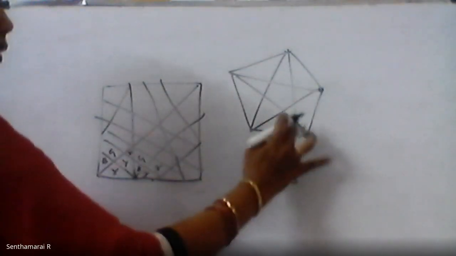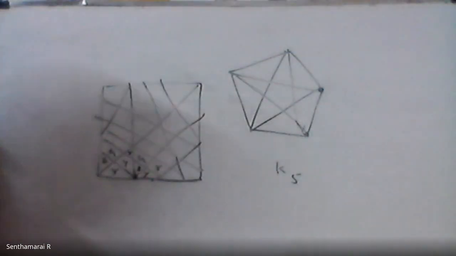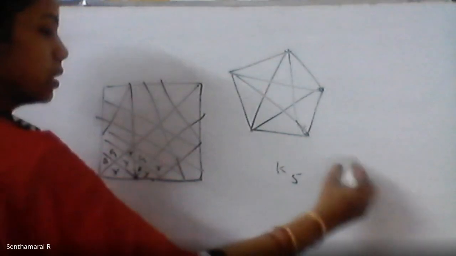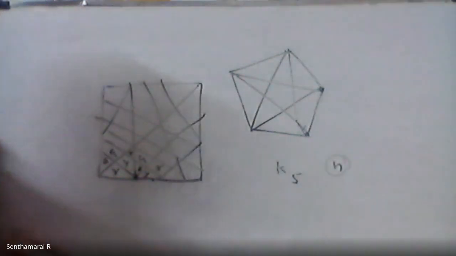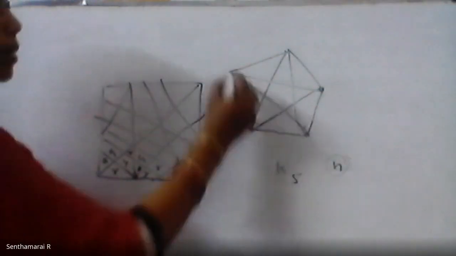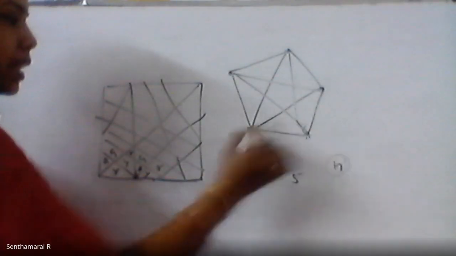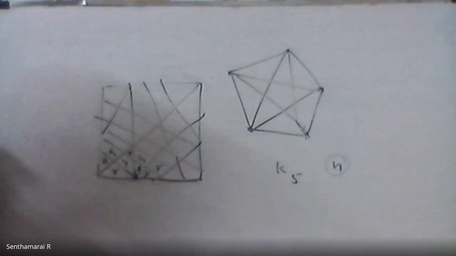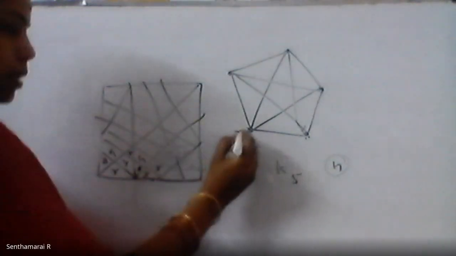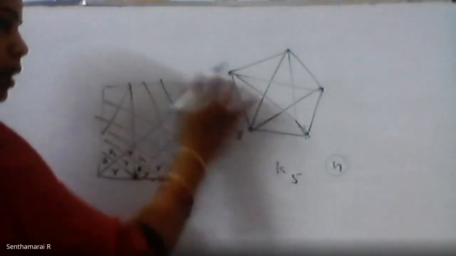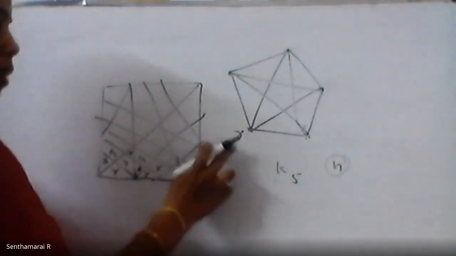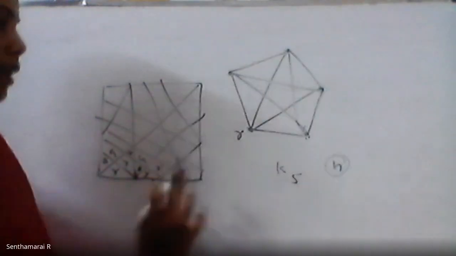Next, the chromatic number of Kn, any complete graph. I draw K5. We need n different colors to color the vertices. Why? Because when you consider a vertex, it is connected to the remaining 4 vertices. Suppose I started with red, I cannot use red again for these 4 vertices, because this vertex is connected to the remaining 4.